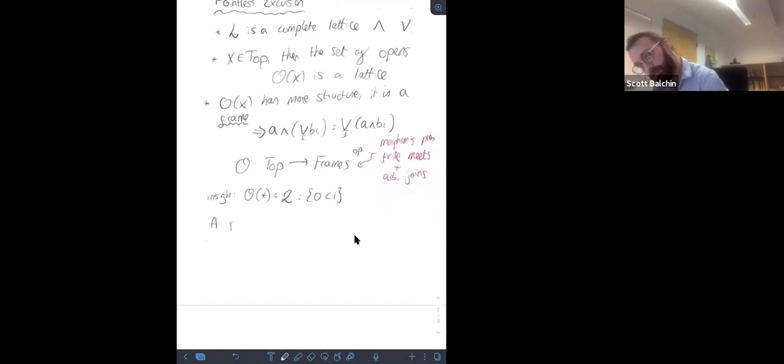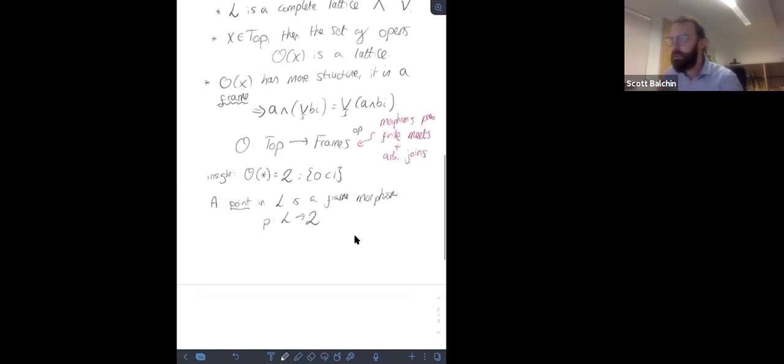So a point in a lattice L is a frame morphism p from L to 2. This lets us cook up points from a frame. So what's the topology then? I need to give you the points in the topology.